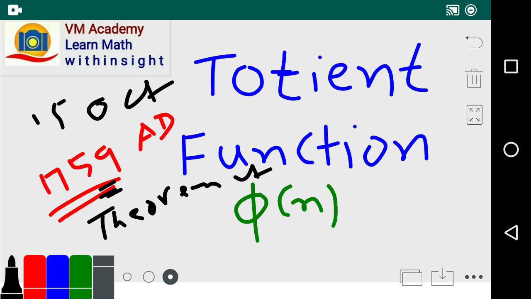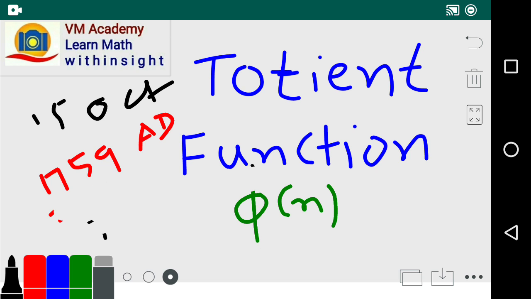It was presented to the Petersburg Academy in 1759 AD.